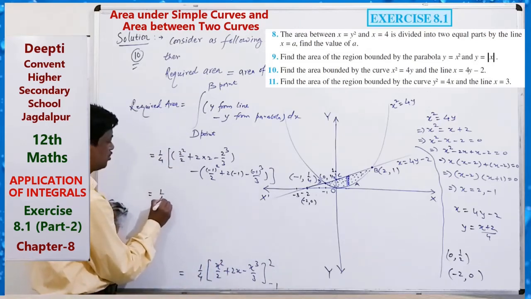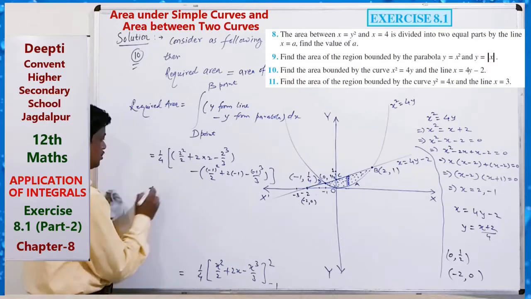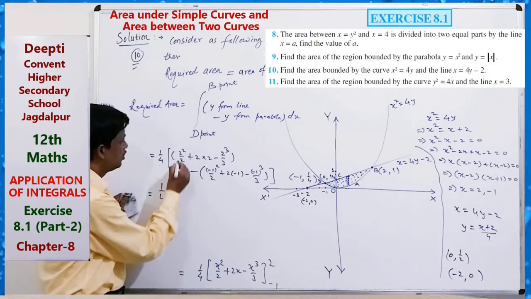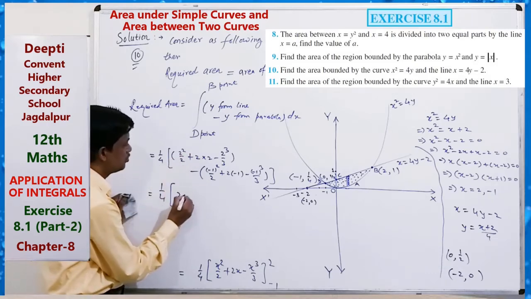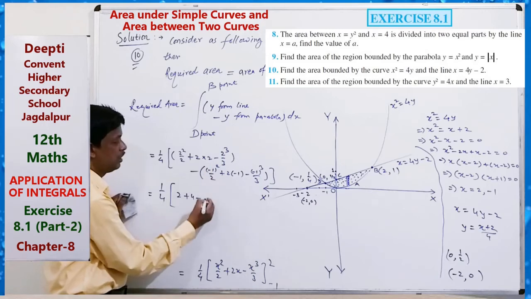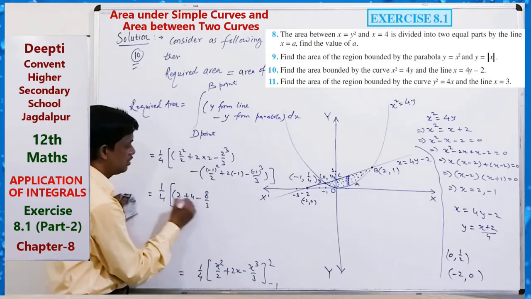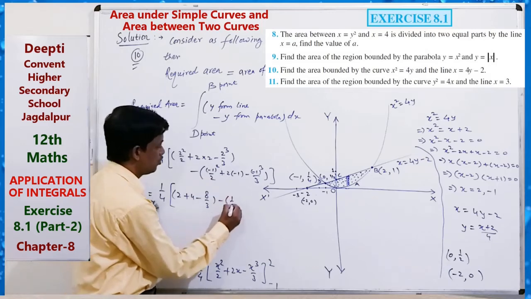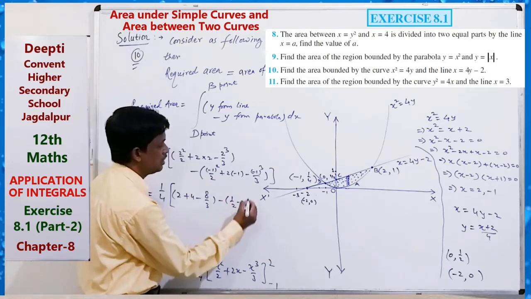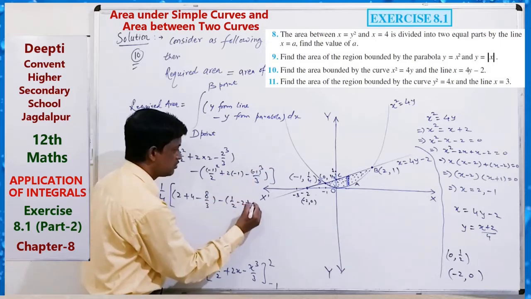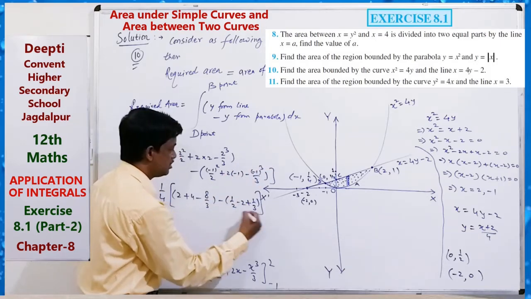We get 1 by 4 times: 2 square by 2, 4 by 2 means 2, plus 4, minus 2 cube, 8 by 3, minus here minus 1 square, 1 by 2, here minus 2, here minus 1 cube means plus 1 by 3. So this is the value.